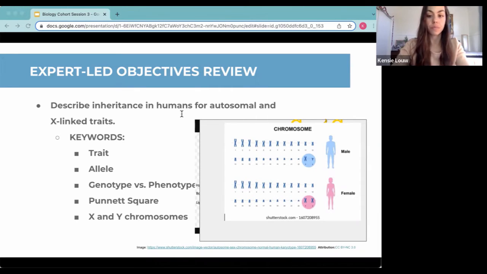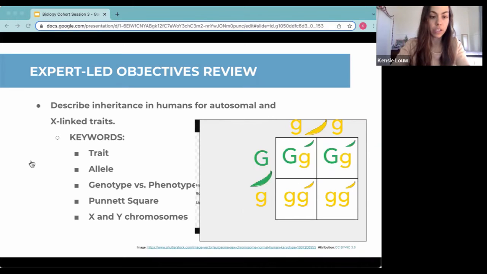So if we go back to this picture, this is a diagram showing inheritance of color in these peas. These are pea plants. So this pea plant was green and this pea plant was yellow. And when you cross those and pollinate them together, the resulting offspring pea plants can turn out as green or yellow.